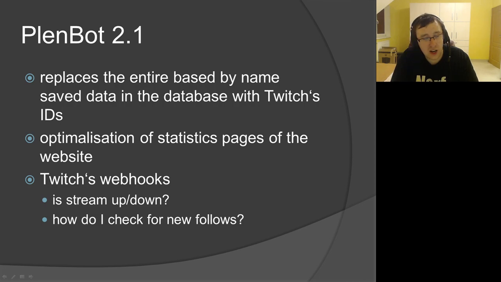So I changed the big sized stuff because every table contained your name and your display name. Now it only contains a number. So that's pretty simple, right? It only contains a number, which is your Twitch ID. And that is used as the identification that this belongs to you.